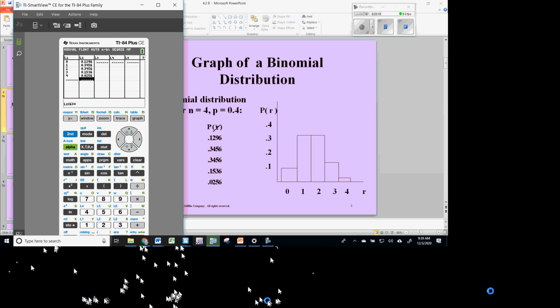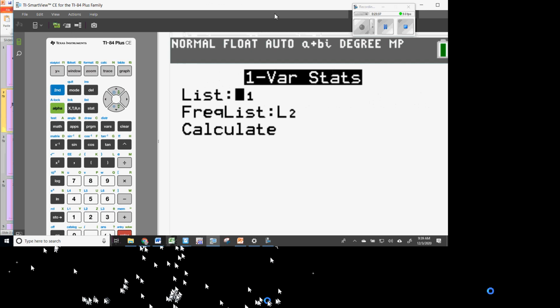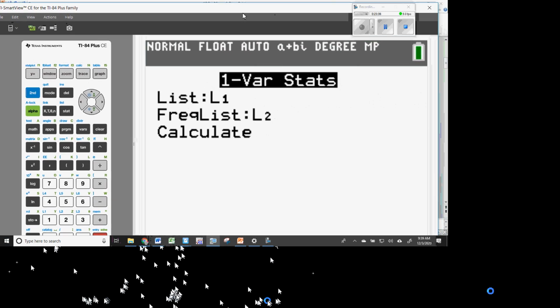So you put them into L1, L2. You're going to go to stat, one-variable stats. And remember, the important thing is you have to put L1, L2. If you didn't put L1, L2 here, it's not going to work right.